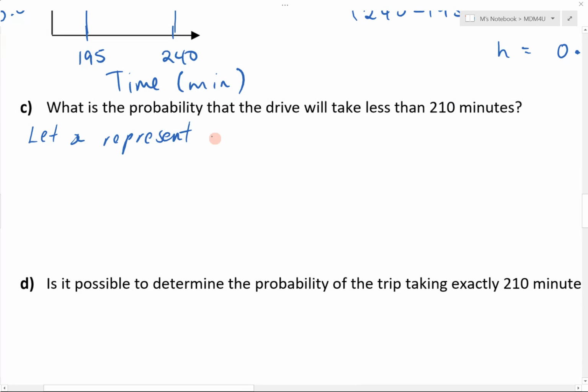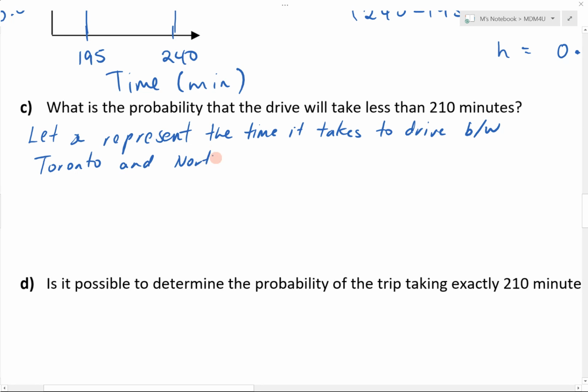Let x represent the time it takes to drive between Toronto and North Bay. So the probability that x will be less than 210 is going to be equal to the base times the height.